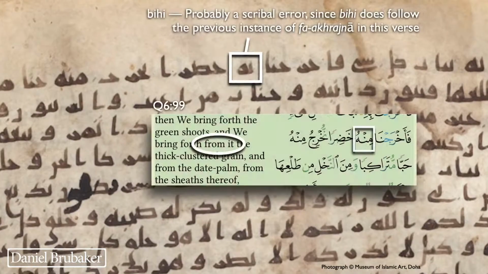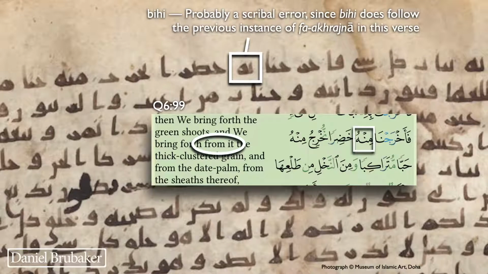Okay, this is a place near the top of the page where there is the word bihi. It's in 6:99, and I can see what's going on here, because this word bihi does follow the previous instance of the word fa'akhrajna, which occurs twice in this verse.